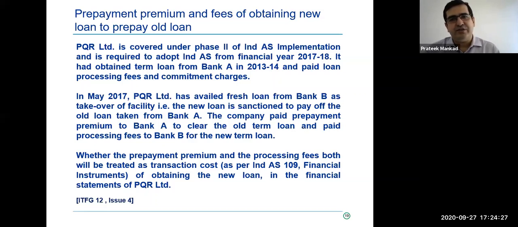That guidance suggests you take it to P&L. So this fee paid to Bank A will be expensed in the P&L, or adjusted in the gain or loss on exchange or settlement of the loan, if any. So the fee paid to Bank A goes to P&L directly. Fee paid to Bank B gets amortized as part of EIR. And that's the conclusion the ITFG had.